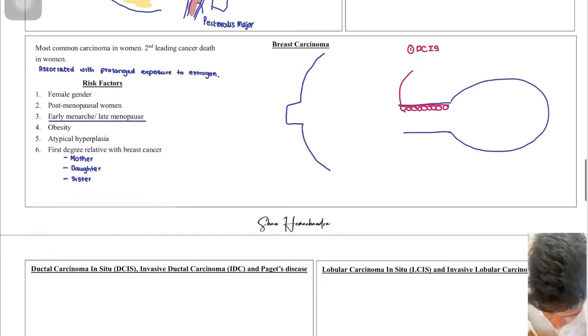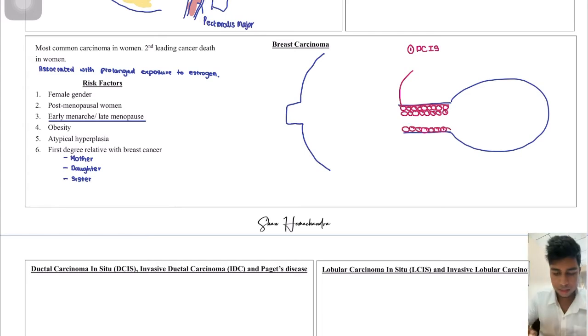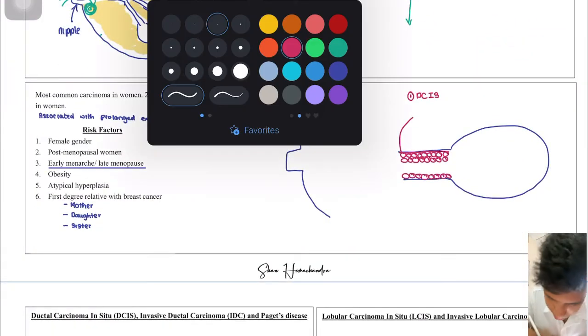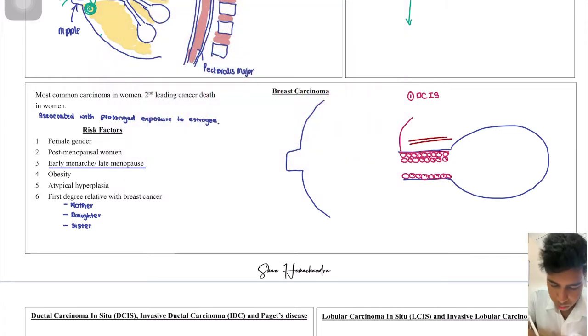Okay, so it can grow into the duct lumen like this, and since the blood supply is going to be here, the blood supply will be here. So what happens is, this region, the carcinoma cells will not get enough blood. Okay, so what happens then?